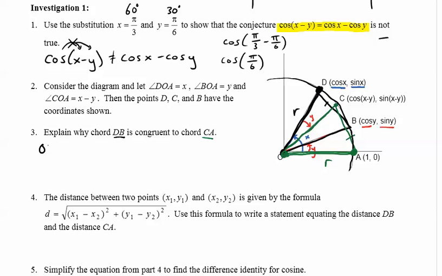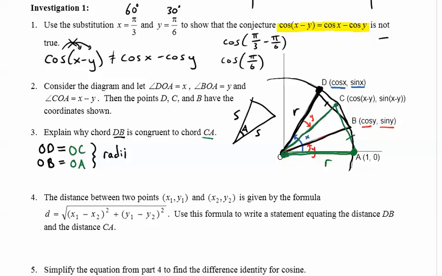So I can say that OD equals OC, and OB equals OA, because these are all the radius. So now with these triangles, I've shown that two of the sides are the same. So if I can show that the angle in the middle is the same, then I'll have side angle side.